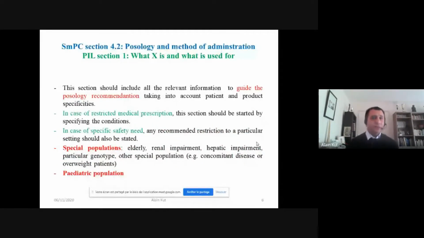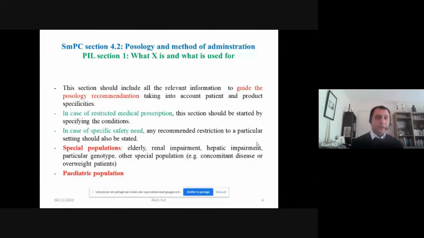In section 4.2, always in clinical particulars, we need to guide the healthcare professional on posology recommendation. And we need to mention also the restriction of medical prescription.